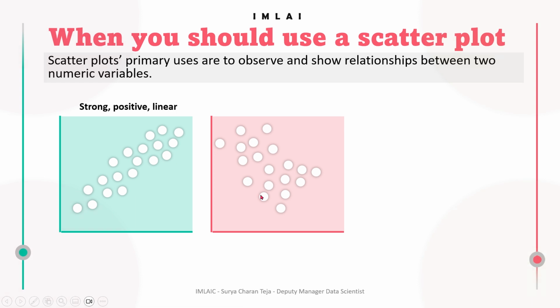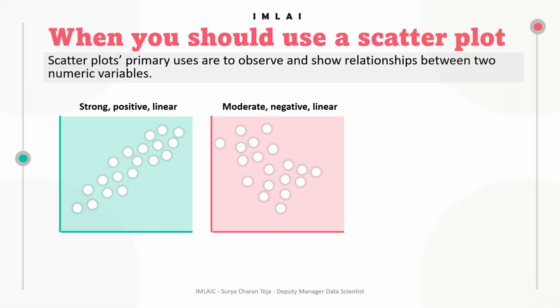As it goes to the right side, y is coming down. Because of that, and because these data points are not closely packed, though they look linear, we call them moderate, negative, linear. Okay, moderate, negative, linear.